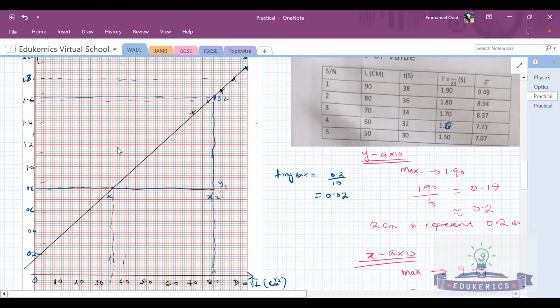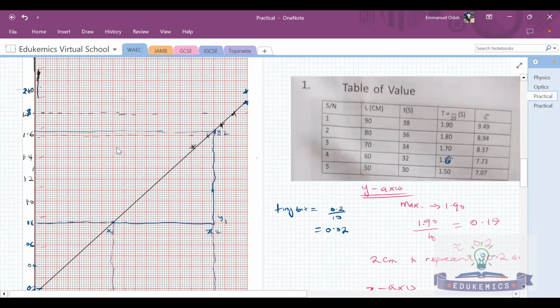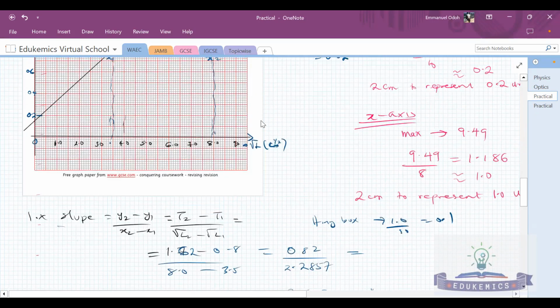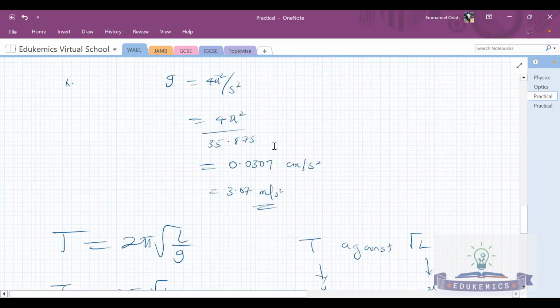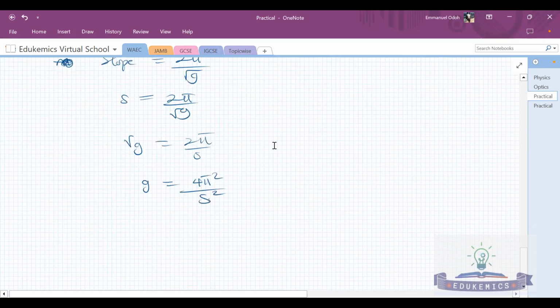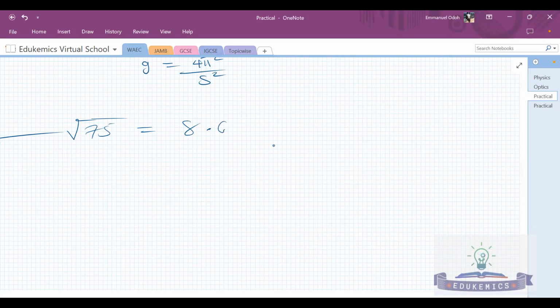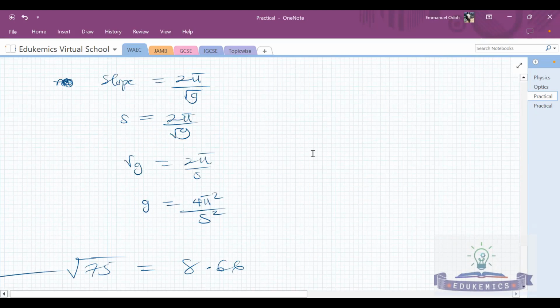You get the square root of 75 centimeter because you are plotting square root of L on the graph. The square root of 75 centimeter is 8.66. So I have 8.66 here.